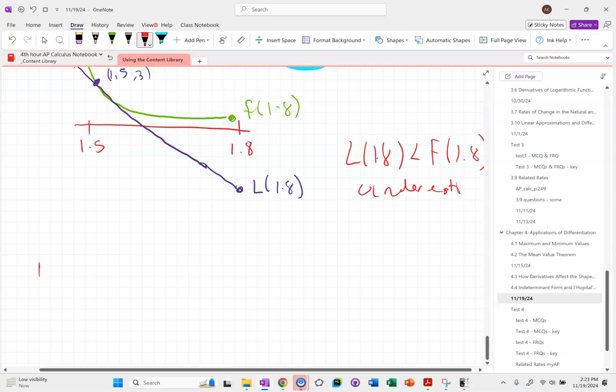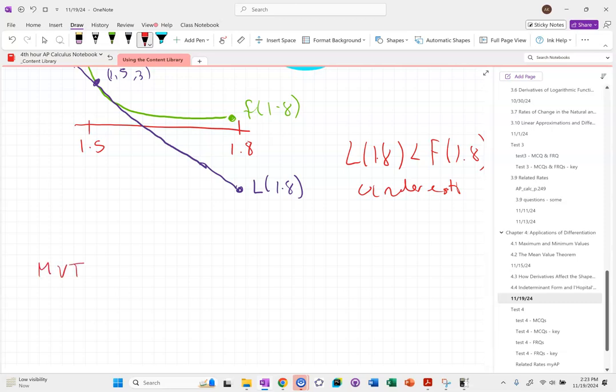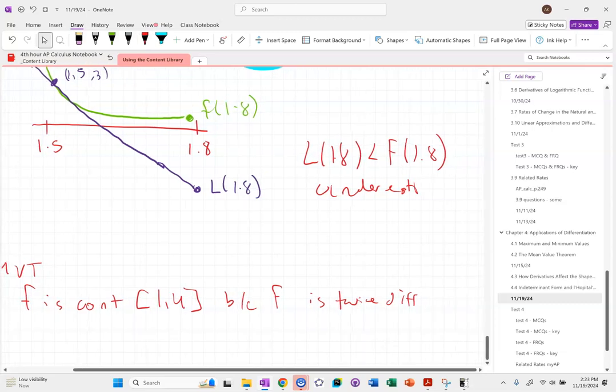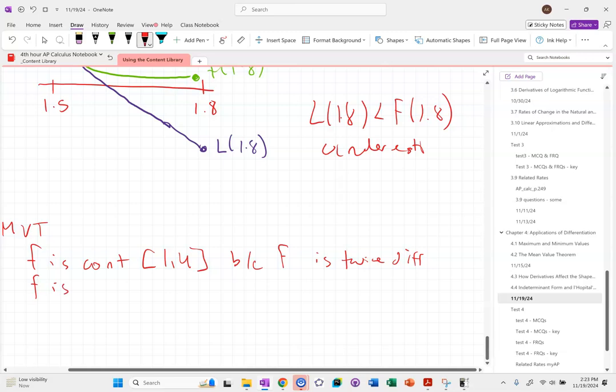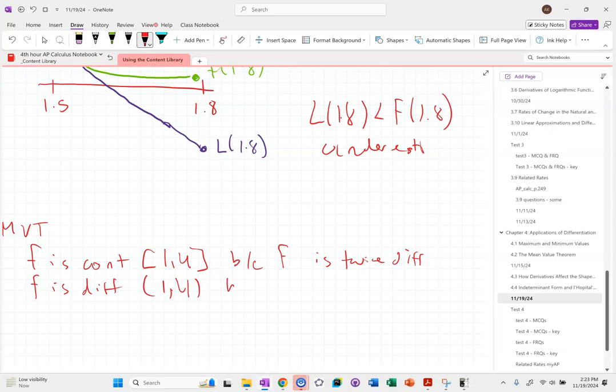Okay. So, mean value theorem: we know f is continuous on [1, 4] because f is twice differentiable, and we know f is differentiable on the open interval from 1 to 4 because f is also twice differentiable.